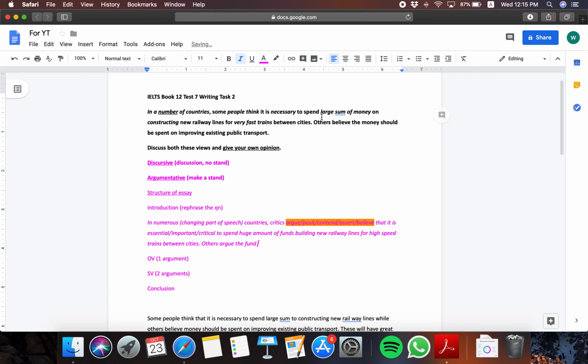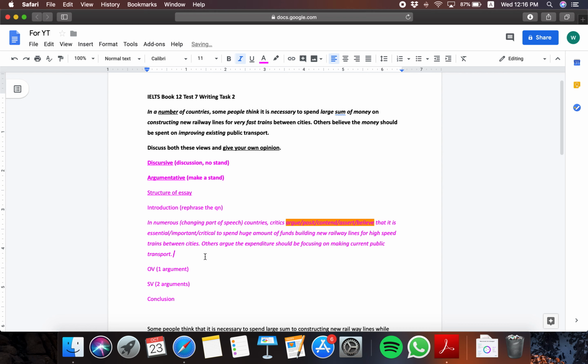The funds should be spent on, or rather the expenditure, we can say that, should be focusing on improving, or improving basically means making better, so making existing, we can change it to the adjective current, public transport. Full stop. Ta-da!